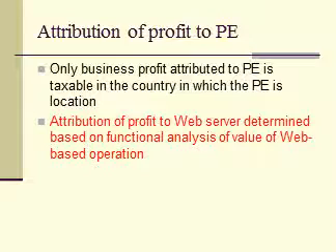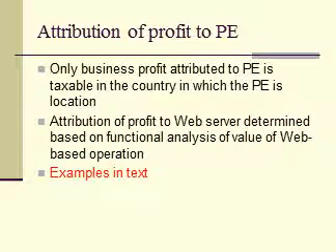By this, I mean the functions taking place on the server are analyzed to determine the amount of profit they are generating for the business. It is this profit that is attributable to the permanent establishment and is taxable in the foreign country.